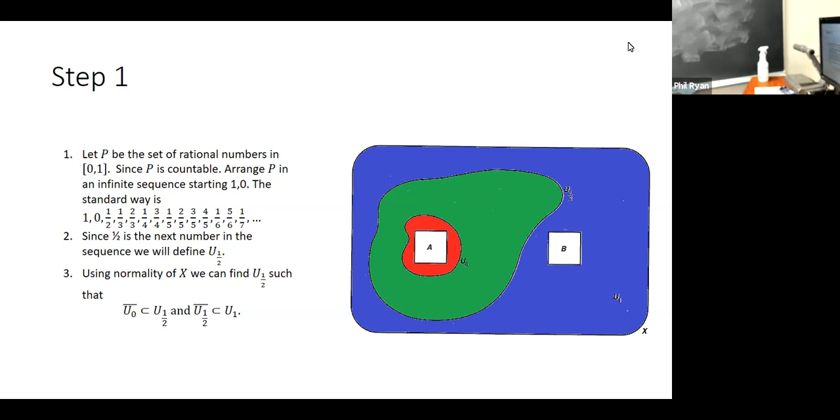A standard way to do that is by going through the denominators. It's kind of like a dictionary order on the denominator and then the numerator. These two things have the same denominator, so this goes first because it's got a lower numerator.